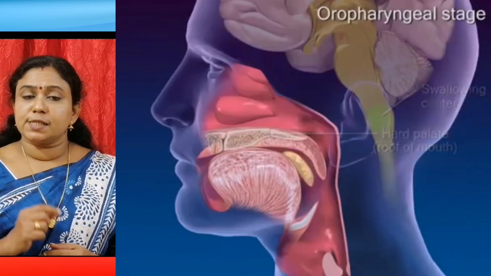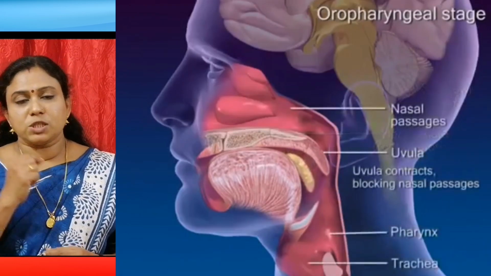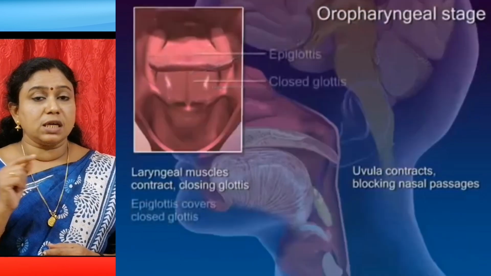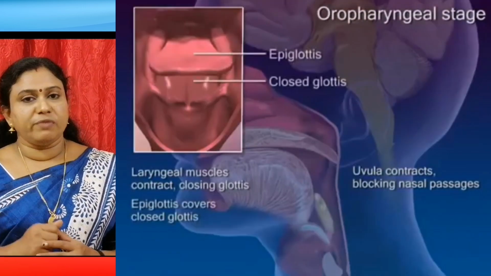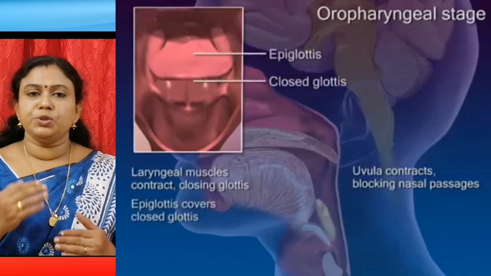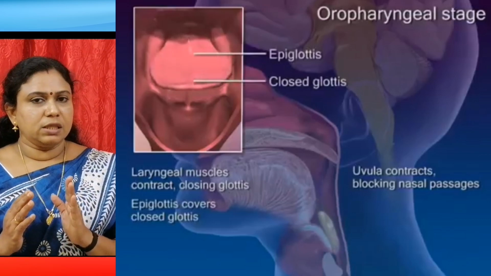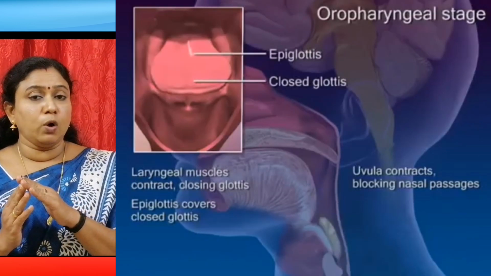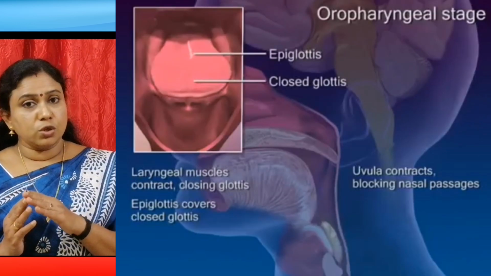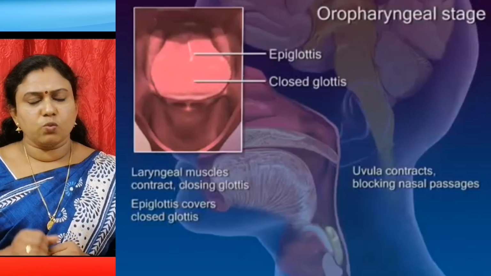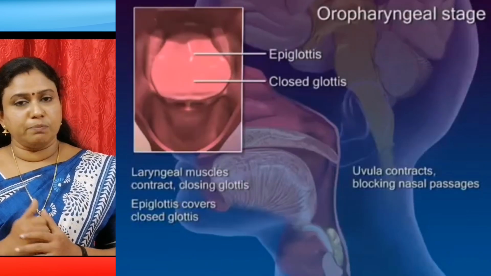For this, there is a small flap-like muscular structure present at the pharynx called the epiglottis, which prevents the entry of food into the windpipe. When the food reaches the pharynx, this epiglottis bends and blocks the windpipe, and so the food enters into the esophagus.